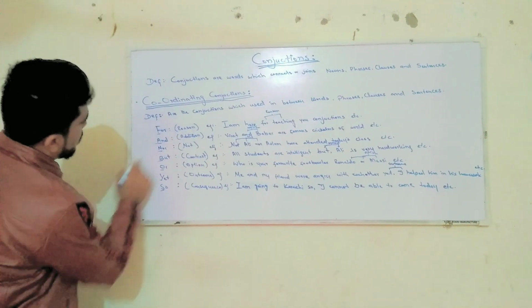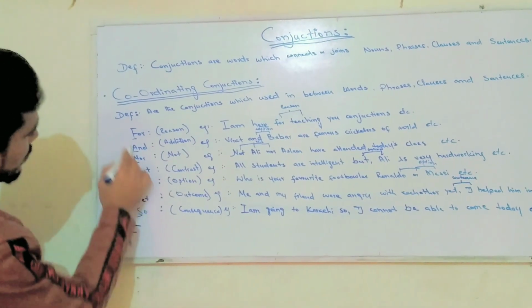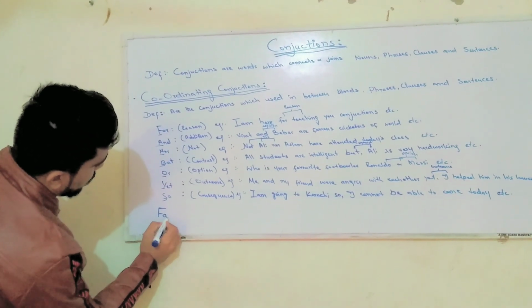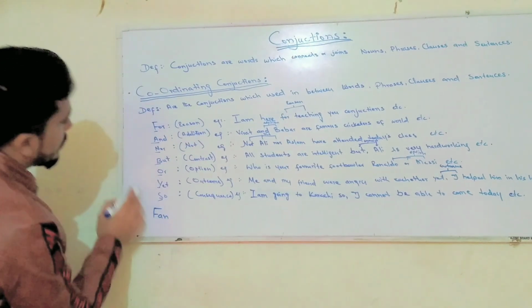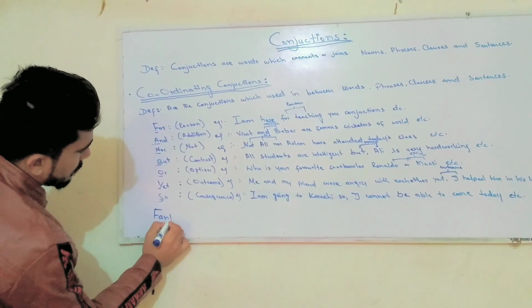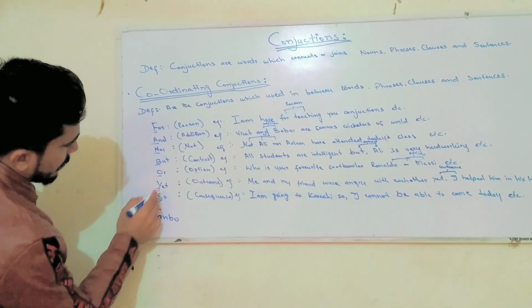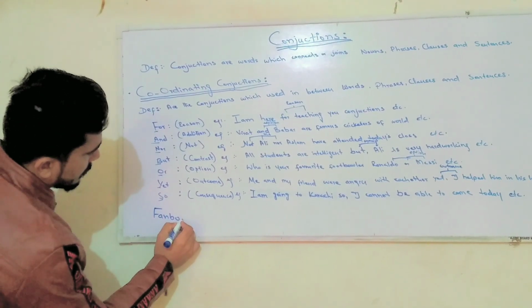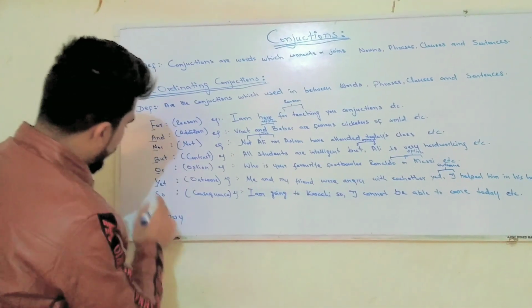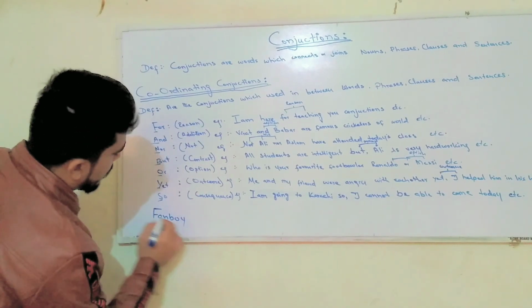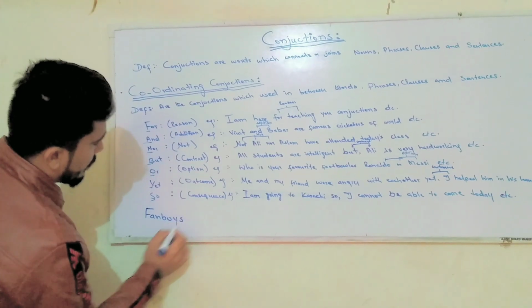F for for, A for and, N for nor, B for but, O for or, Y for yet, and the last one is S for so.